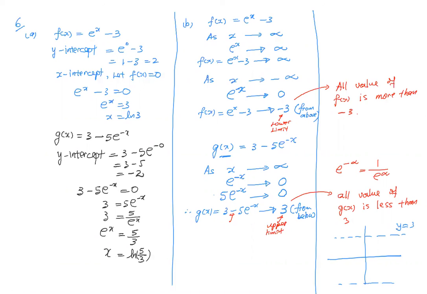That means your f(x) graph will not go below this. It can go above. So maybe the graph will go like that. I'm not sure. Okay, this is your f(x). Or is it from this side? Oh, okay, I'm wrong.